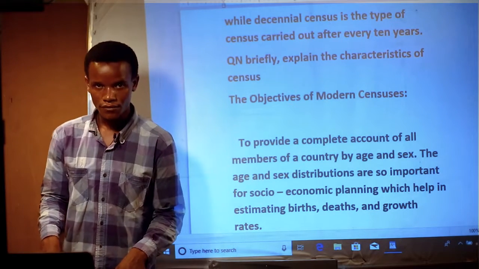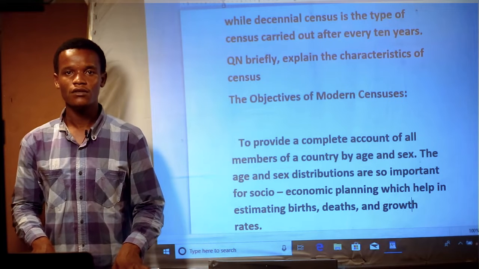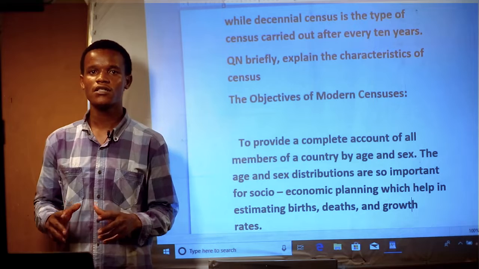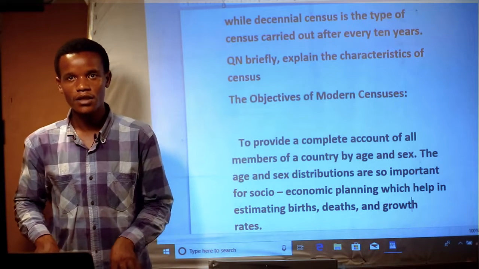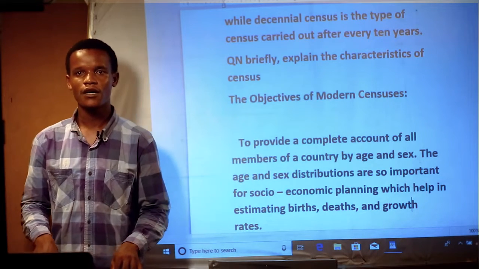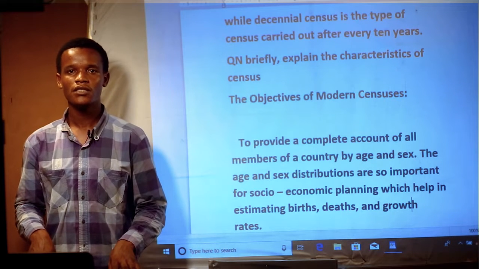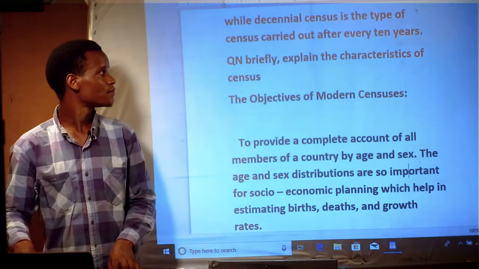Another type is decennial, which takes place after 10 years. So now we see the difference: quinquennial takes place after 5 years, while decennial takes place after 10 years.